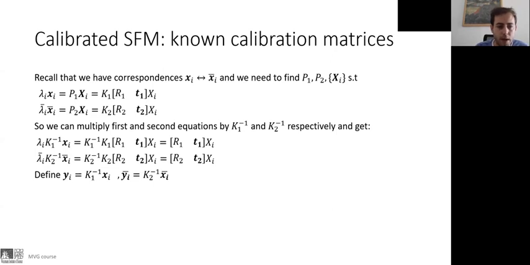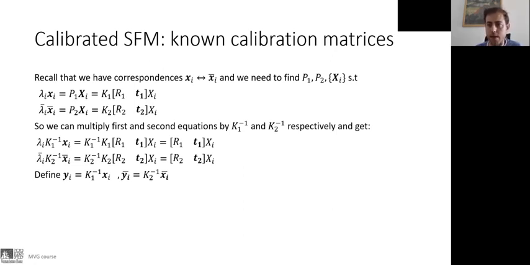And now we can define yi to be K1 inverse times xi, and yi bar to be K2 inverse multiplied by xi bar. Note that yi and yi bar are just known numbers because we know the correspondences and we know the calibration matrices.